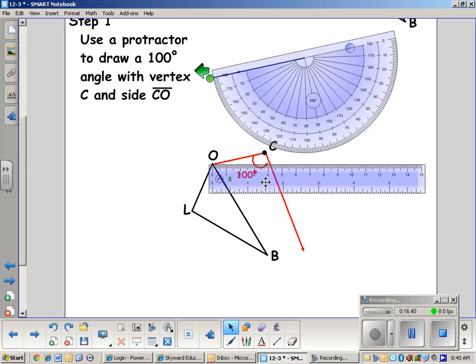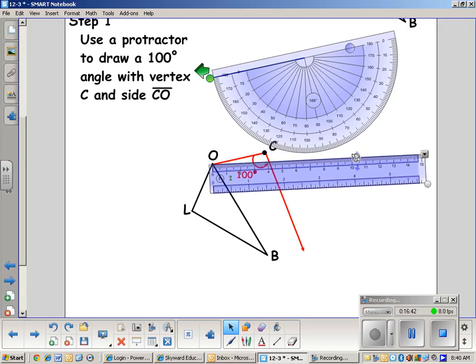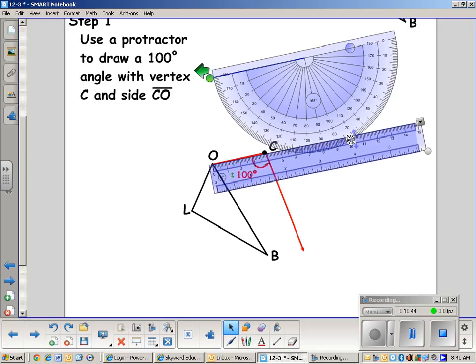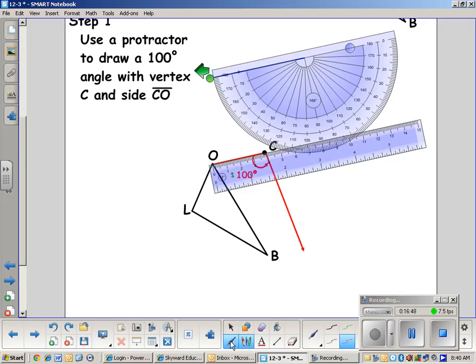So step 2 is measure the distance from O to C. I'm just going to write OC.